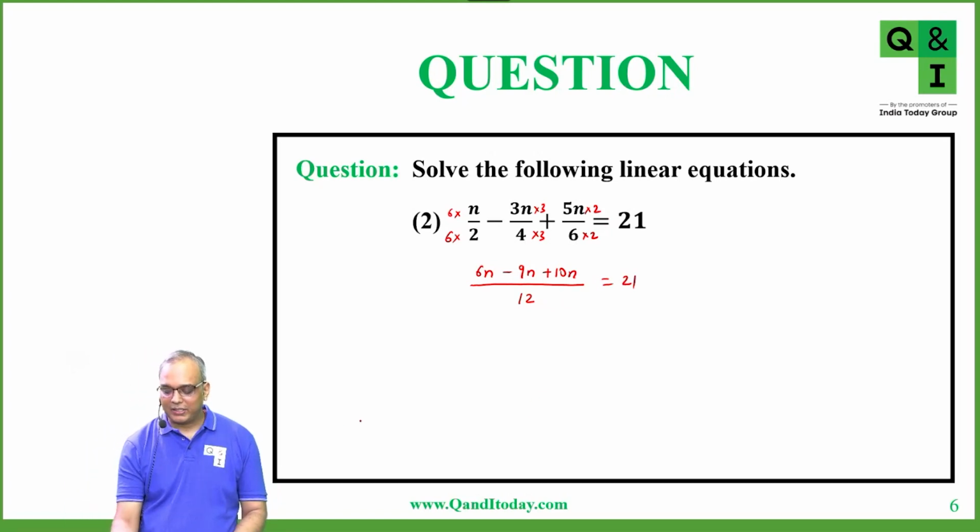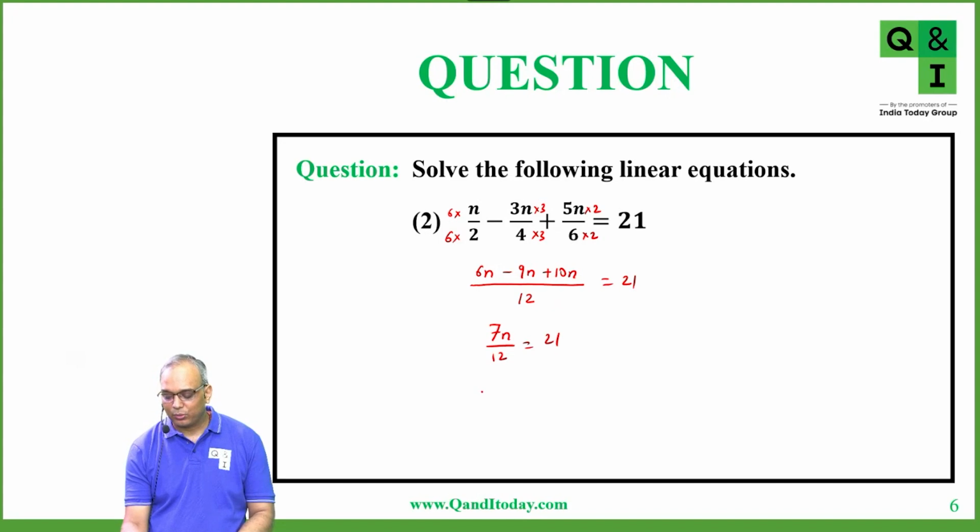This is equal to 21. Now 10n plus 6n is 16n minus 9n is 7n by 12 is equal to 21, or n is equal to 21 into 12 over 7. So we'll take 12 to the numerator and 7 to the denominator.